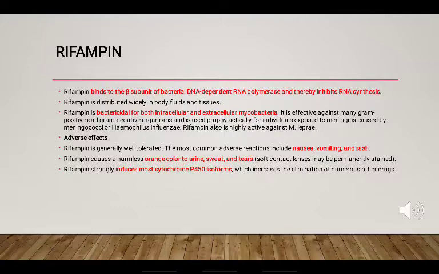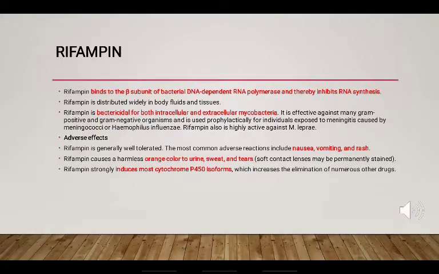So if the patient is taking rifampicin and at the same time he is receiving another type of medication, then rifampicin might increase the metabolism of the other medication, which means it might decrease the effectiveness of that medication.